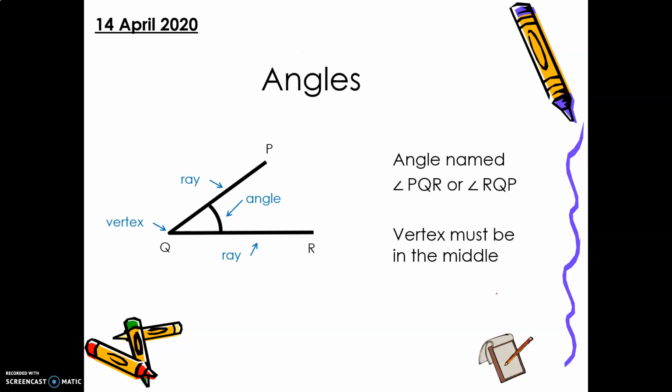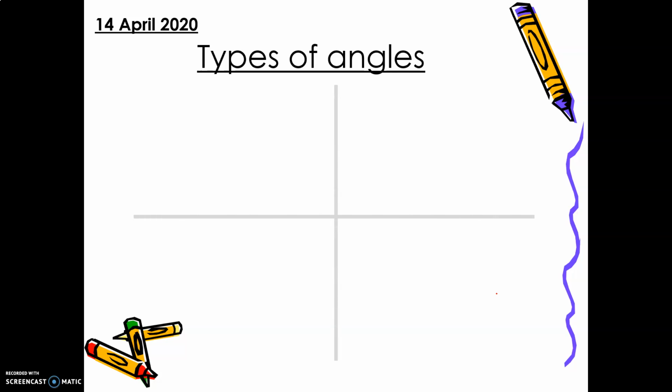Okay, so just summarizing those points. The other thing that I would like to go through in this lesson is talking about types of angles. So if we have this diagram where we've got 0 degrees, and that's the first ray of our angle, then our angle could be anywhere all the way around to 360.